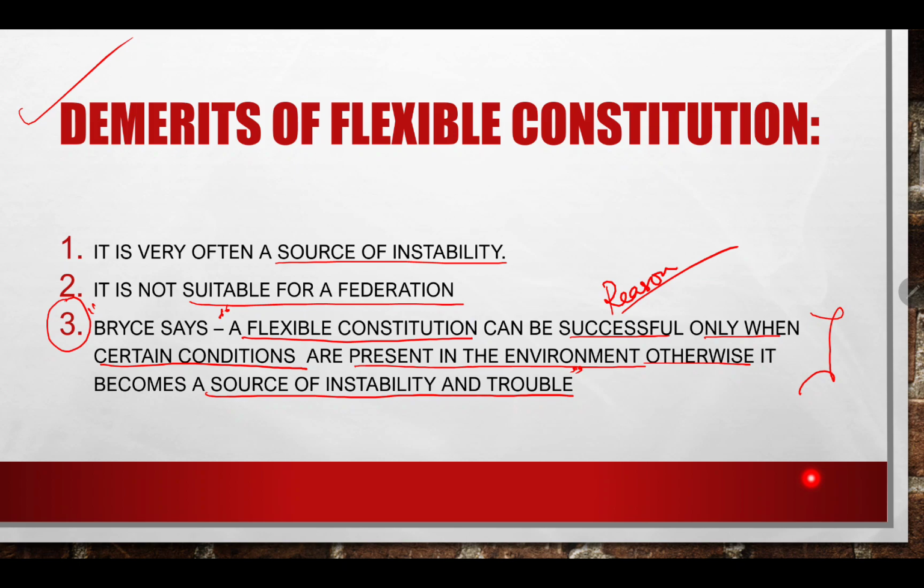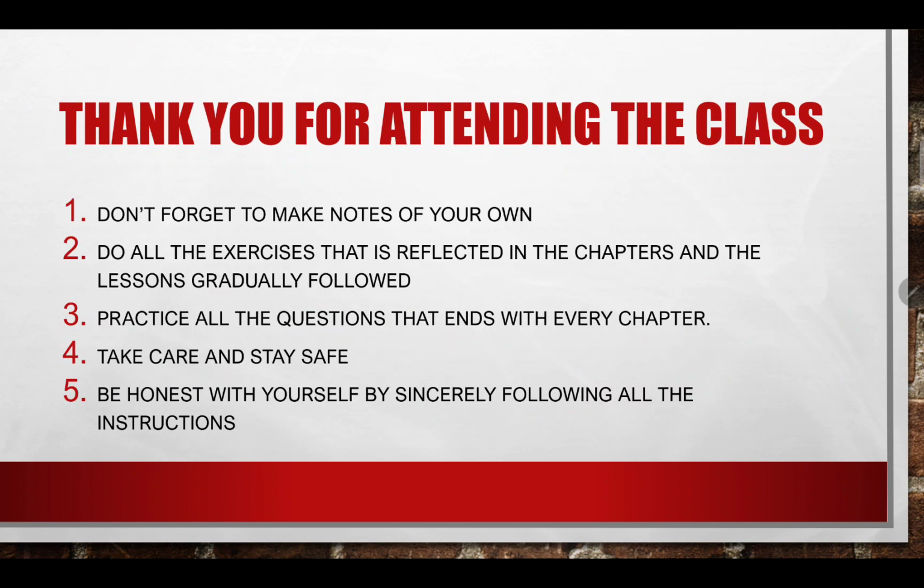Because if certain conditions are present in the environment, they may be good for certain sections of a society, and if the conditions are not good for other sections, then it will become a source of instability. Simple. Okay, I have completed the flexible constitution.